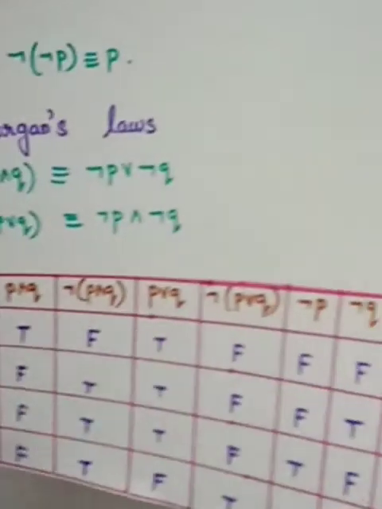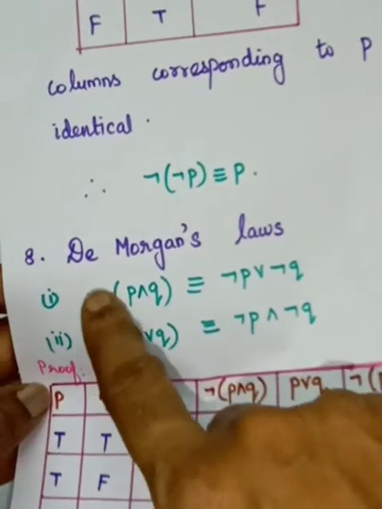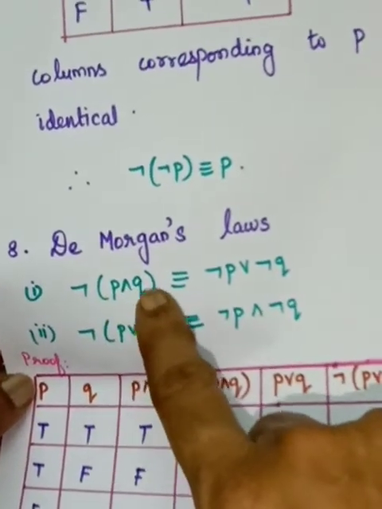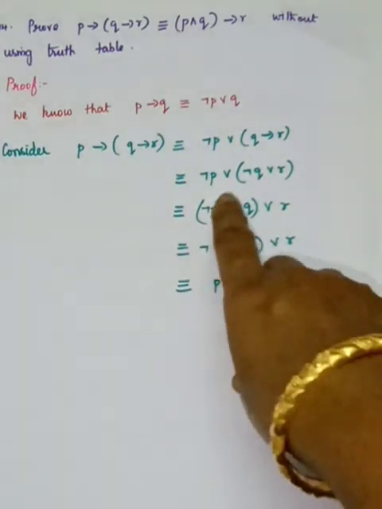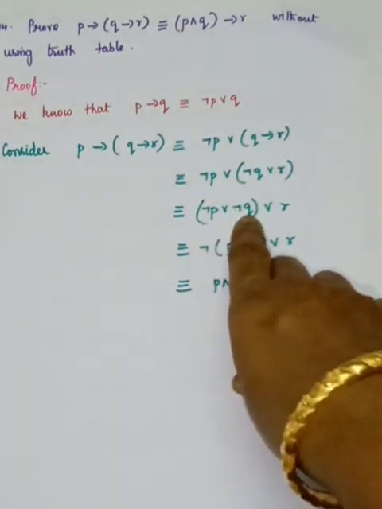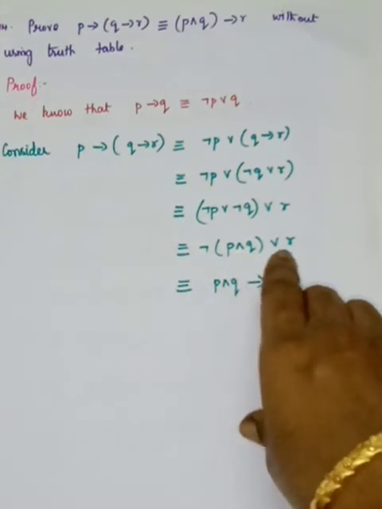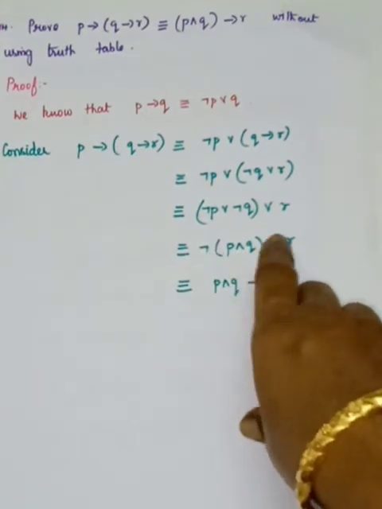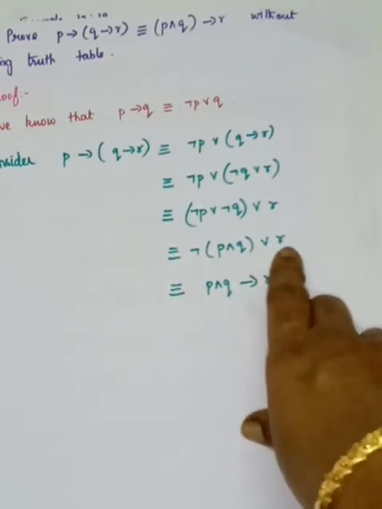You look at this. Negation P or negation Q can be written as negation of P and Q. Okay. So here it is negation P or Q or negation Q can be written as negation of P and Q or R. You see that first statement negation, in between you are having R, the second statement.